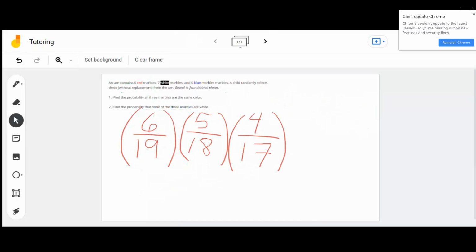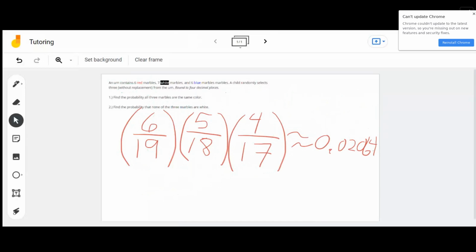So we multiply 6 over 19 times 5 over 18 times 4 over 17. And if you do that, you get roughly 0.02064, which is about 2%. So there's about a 2% chance that this specific sequence of events will occur, getting a red marble on your first, second, and third draw.